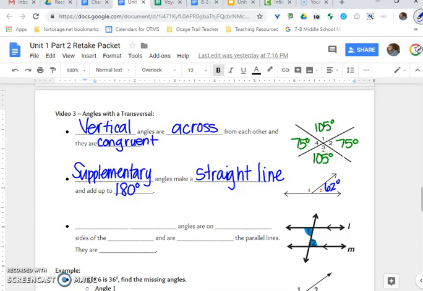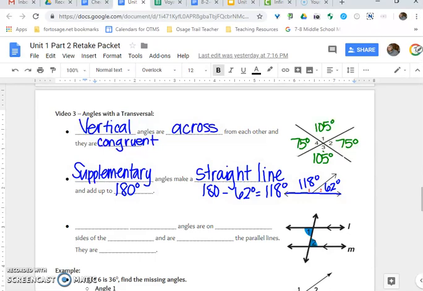Well, if I know that together those two make a straight line, then I know that they would add up to 180. So to find out what angle 1 is, I could do 180 minus 62, and I would get, I'll give you time to do that on your calculator, I would get 118 degrees, okay? So that is supplementary angles.